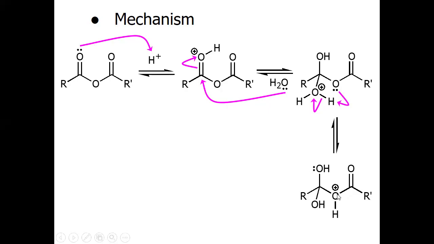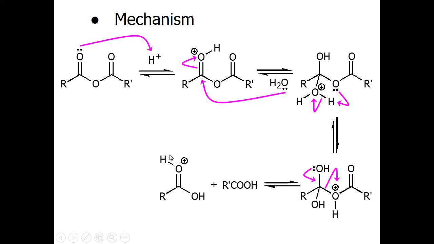And this protonated oxygen is also helping the forward direction of the reaction to cleave this carbon oxygen bond. Now this lone pair will collapse, and in this collapse of the lone pair, the carbon oxygen bond will be cleaved, and we have this protonated carboxylic acid along with another carboxylic acid.